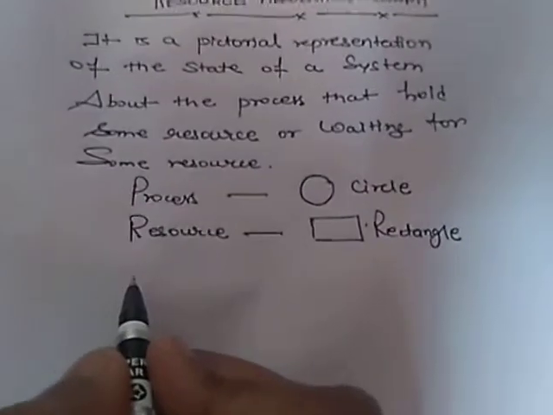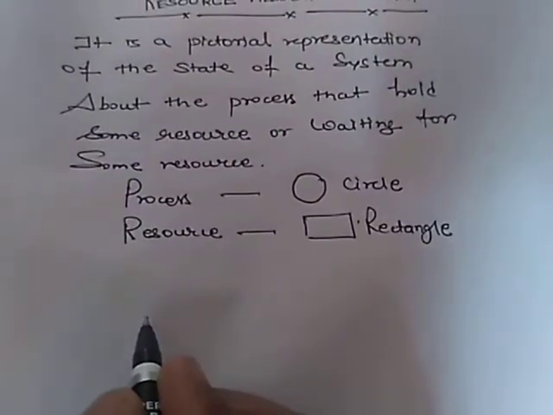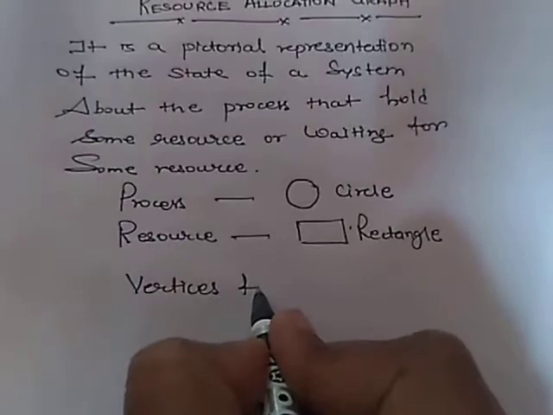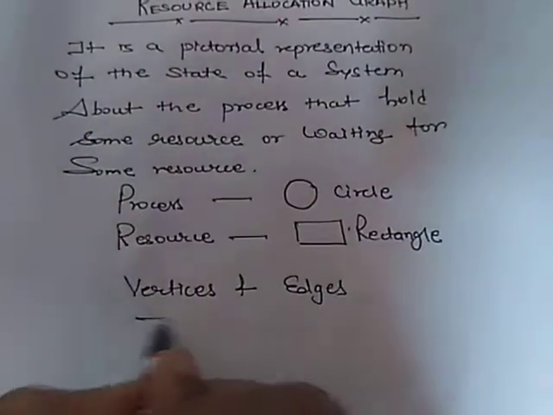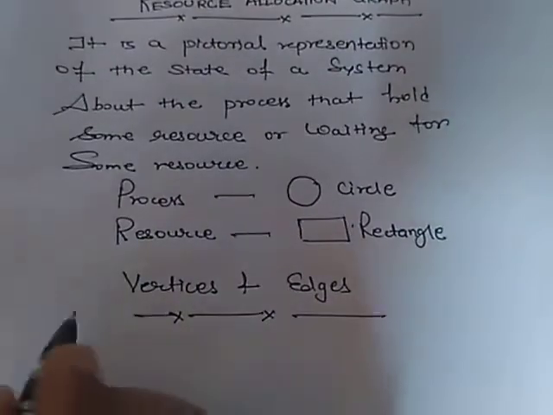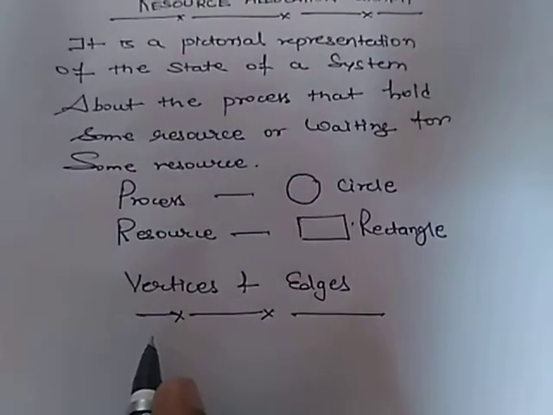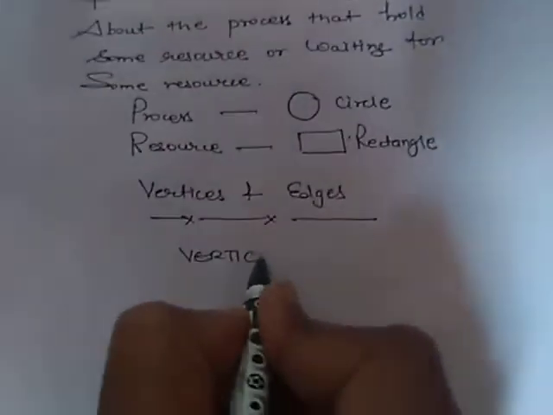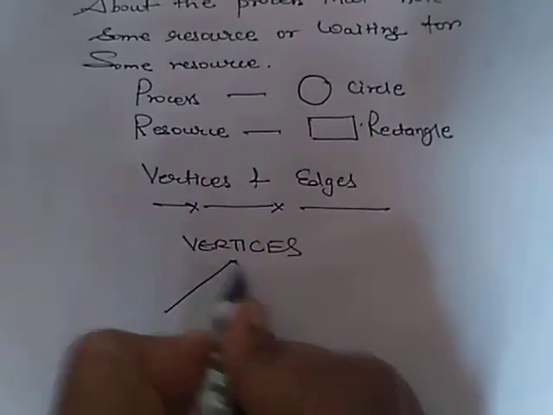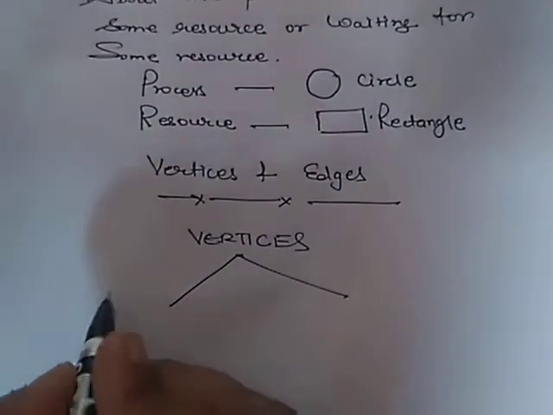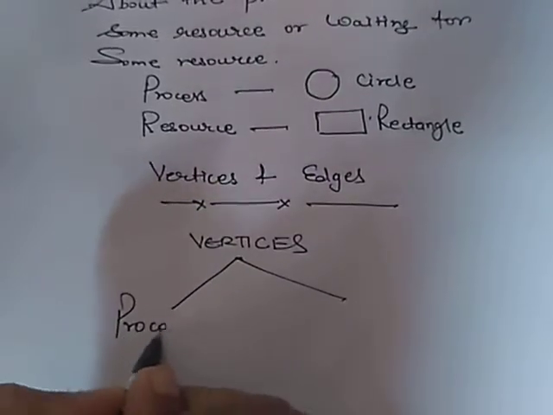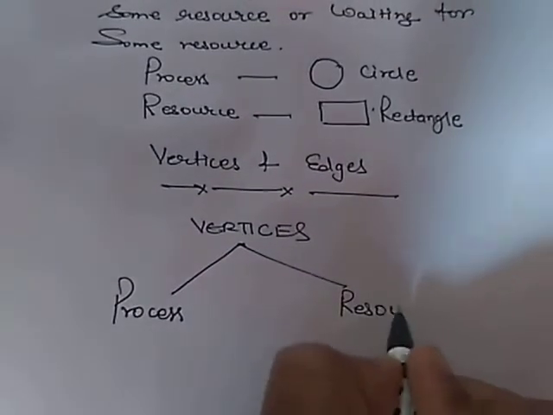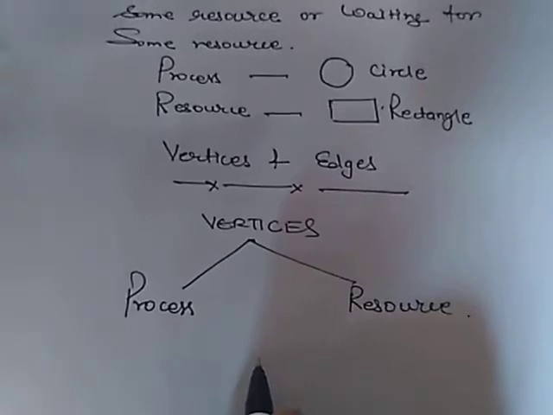Now, in a resource allocation graph, we have vertices and edges. So, vertices are of two types. One is process vertex, another one is resource vertex.